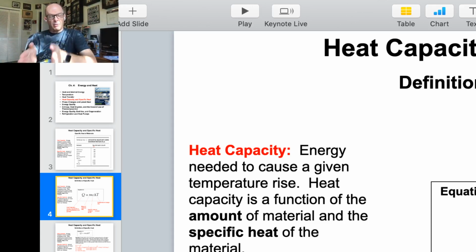But it depends on how much material there is, of course. So it takes twice as much energy to increase the temperature of 2 kilograms of material by 1 Kelvin as it does to increase the temperature of 1 kilogram of material by 1 Kelvin.